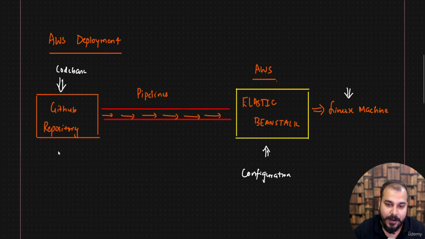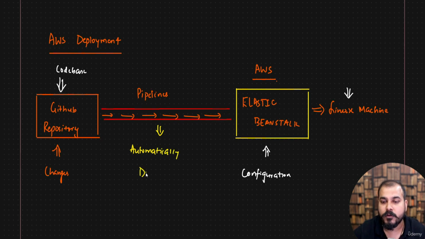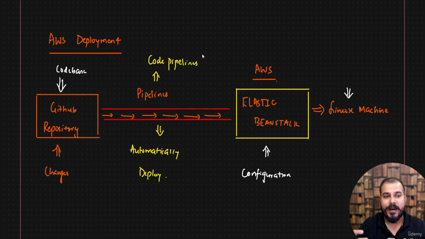Whenever I make any changes, I will be able to automatically deploy just by a click of a button. This pipeline will be created by using CodePipeline, which is available in AWS. This CodePipeline is just like a connecting medium between the GitHub repository and Elastic Beanstalk.